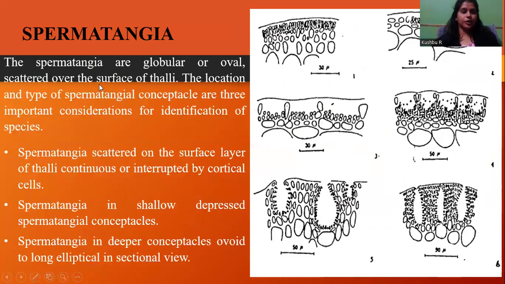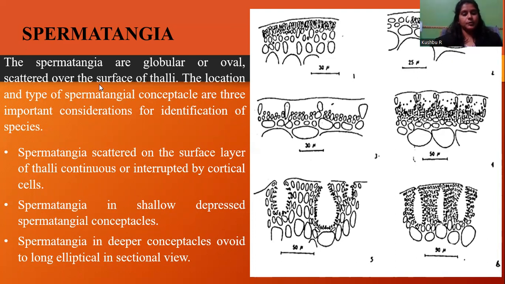So this is how the position of your spermatangia would look. Your spermatangia is scattered all throughout the surface of the thalli at times, or it can be uninterrupted, continuous, or it can also be present in a depressed cavity or a shallow cavity where your spermatangial conceptacles are present. Spermatangial initial cells will have spermatangial conceptacles, and those conceptacles will give rise to spermatia production.